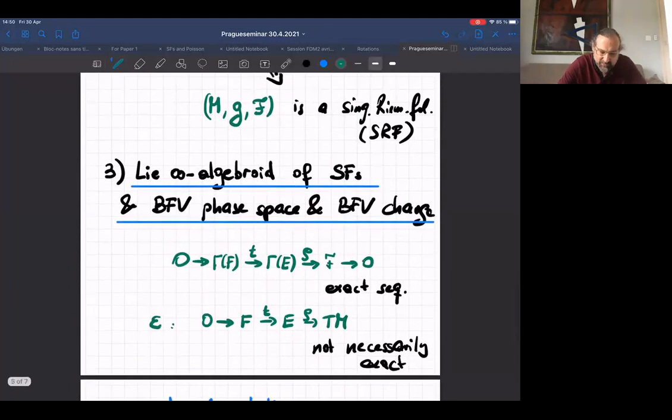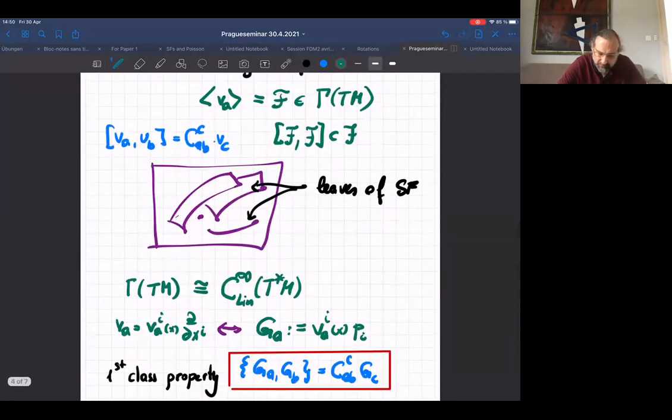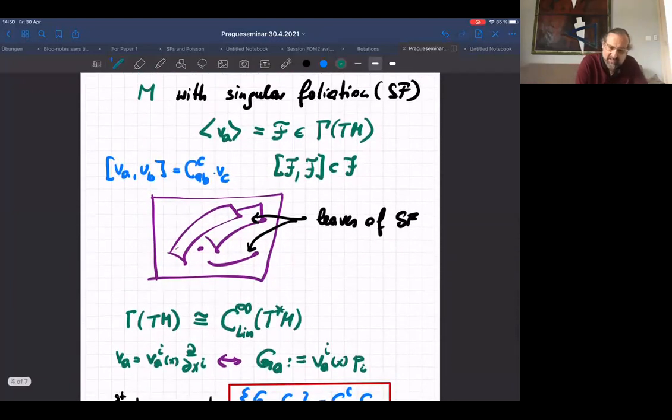If I go back to the beginning, if I look at these vector fields here, as a physicist, one is used to the C^A_BC being given. But if one reflects about this, they are not given in this way. There's an ambiguity in them, because at a given point, the V_C don't need to be linearly independent.